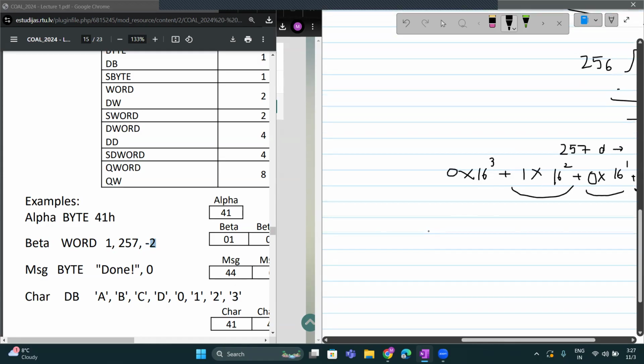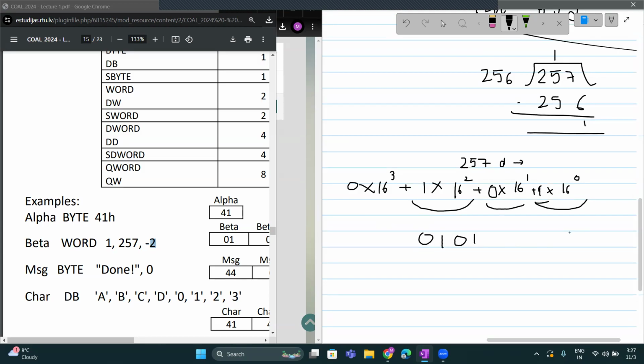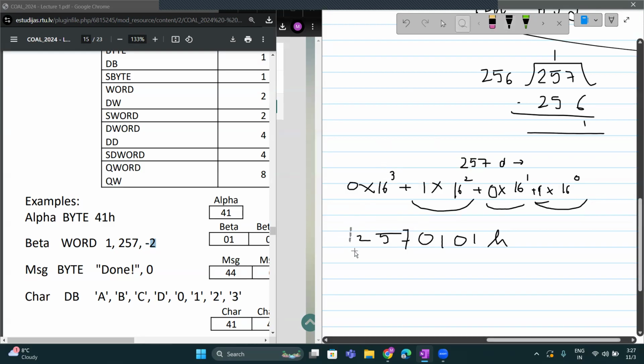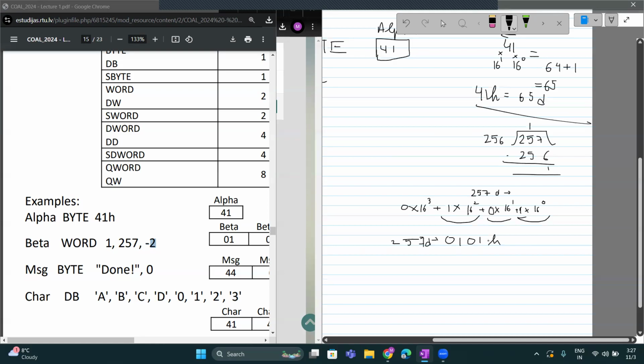So if we try to represent this, this will be 0, 1, 0, 1. And this is 257D in terms of hexadecimal, 0101H.